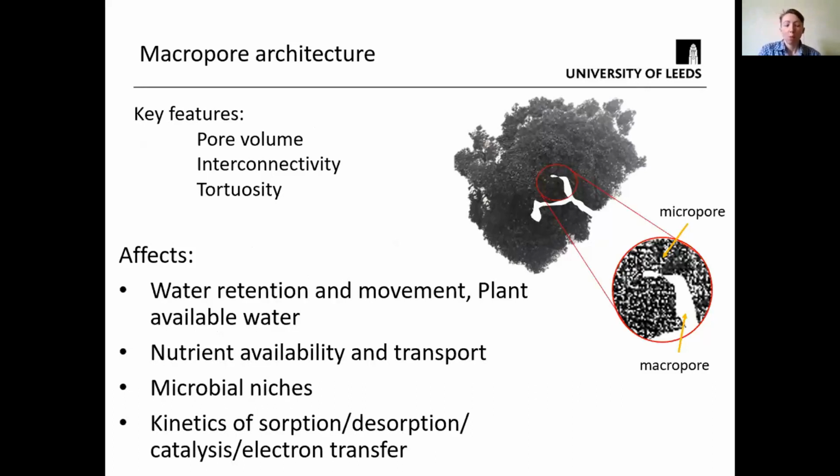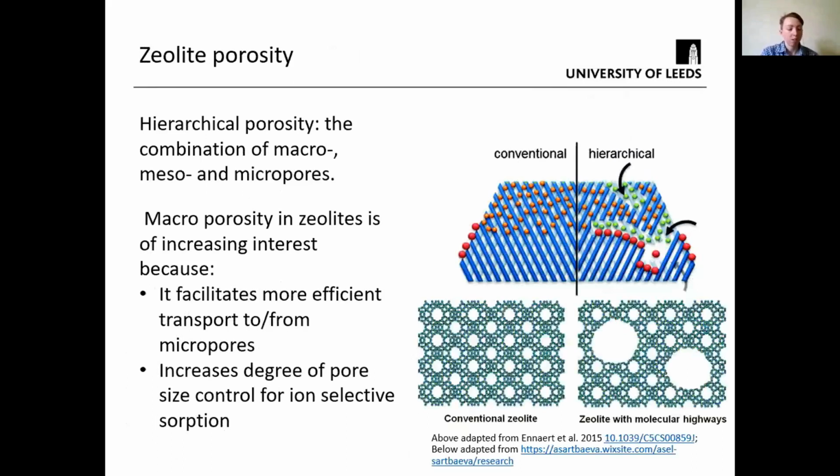Now, one of the key competitor materials, as I mentioned, is zeolites, and the macroporosity of zeolites is currently an area of big interest in zeolite research. They use this term hierarchical porosity to discuss how porosity across a range of orders of magnitude all has a part to play.